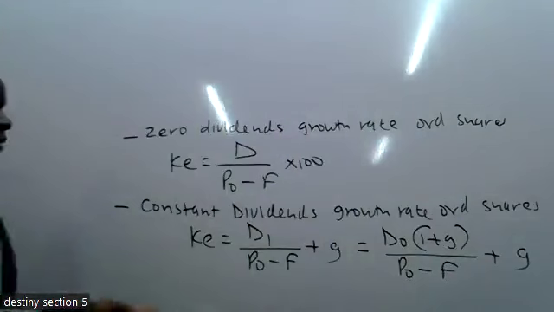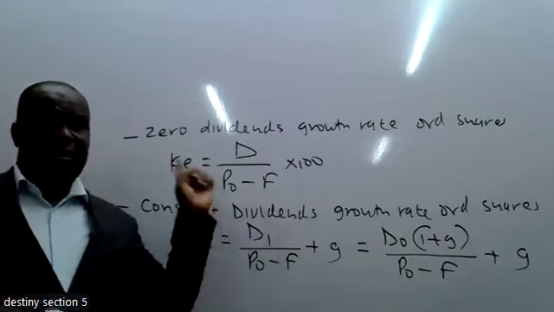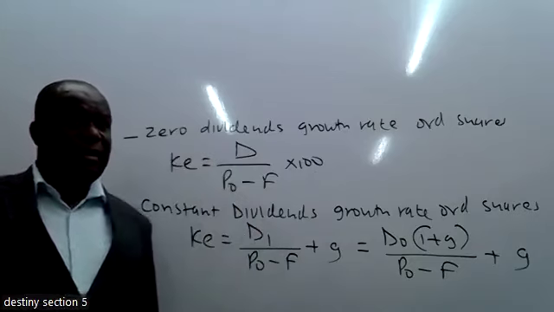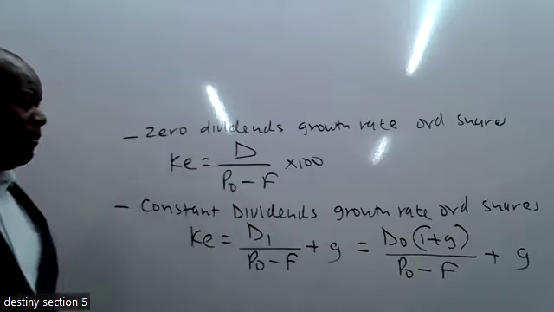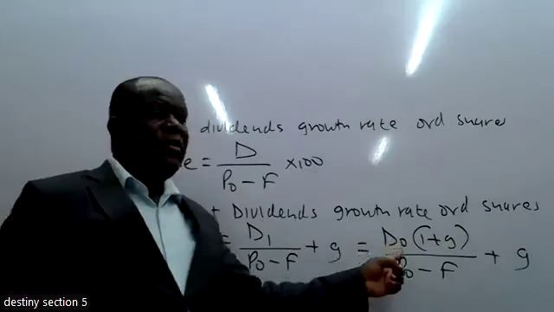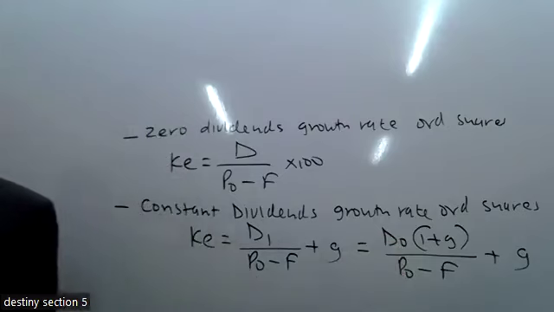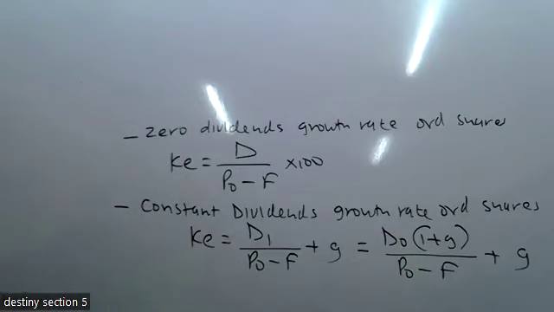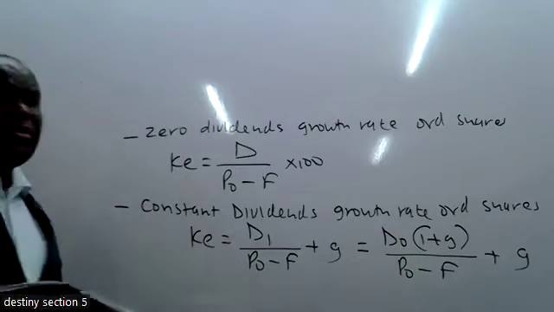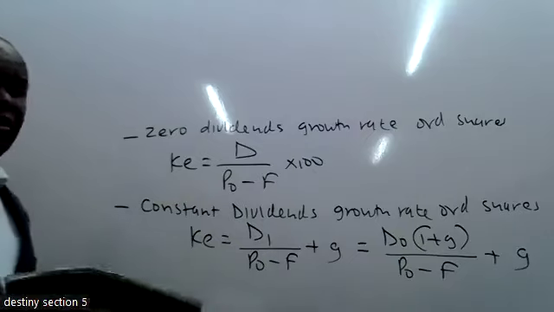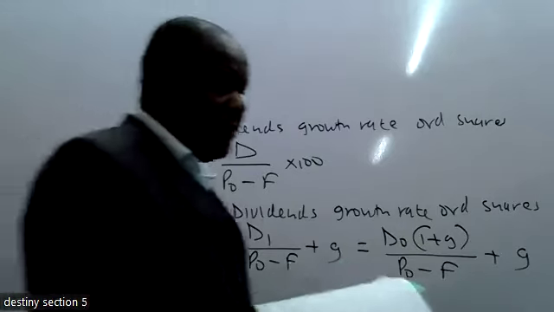D1 is the next dividend to be paid. D0 is the last dividend that was paid. G is the constant growth rate.